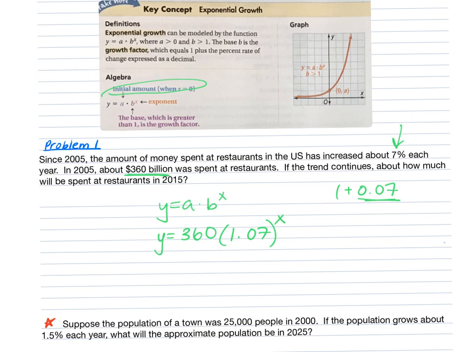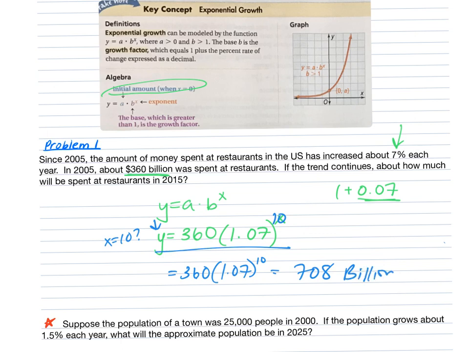So this is basically asking, what is y when x equals 10? So we're going to do 360 times 1.07 to the 10th, and we get about 708. And remember, this is billion, and this is dollars. So in 10 years, they're expecting $708 billion will be spent in restaurants in 2015.